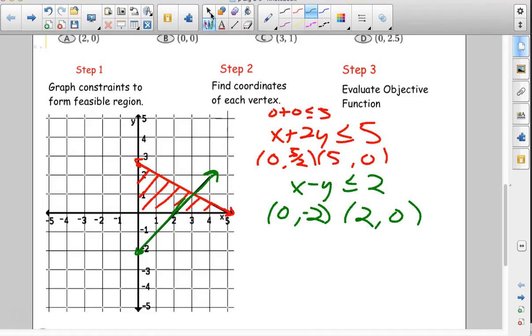We want to be very careful that we're graphing this so that we can see, hey, here's where those vertices are. Still need to shade. Just a 0, 0 in here. 0 minus 0 is less than or equal to 2. Sure it is. So we're going to shade towards 0, 0.